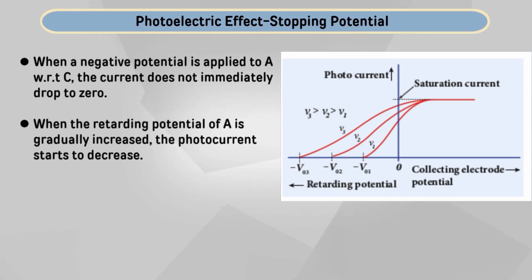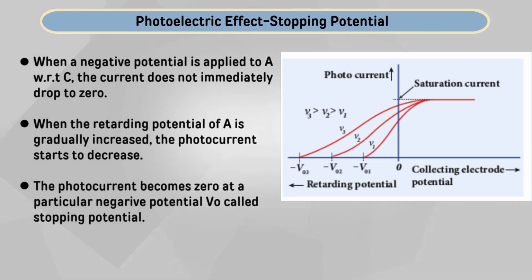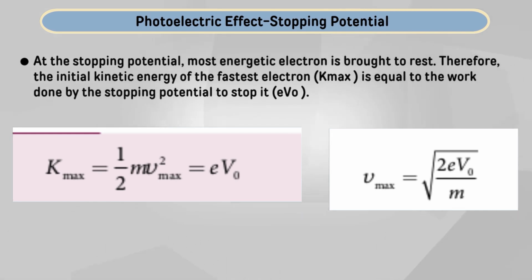And when the retarding potential of A is gradually increased, the photocurrent starts decreasing, and the photocurrent becomes 0 at a particular negative potential, which is represented by V naught. So, this V naught is known as the stopping potential. At the stopping potential, the most energetic electron is brought to rest, and therefore the initial kinetic energy of this fastest electron can be represented as half m v squared, where v is V max, because it was moving with the fastest velocity.